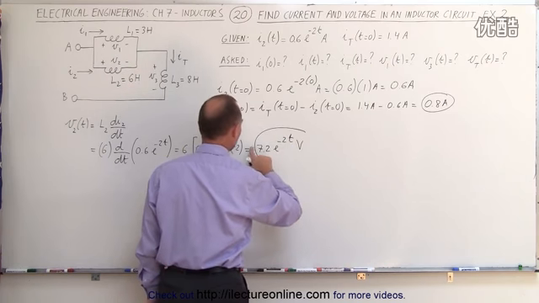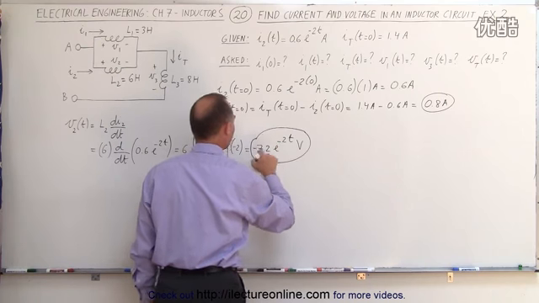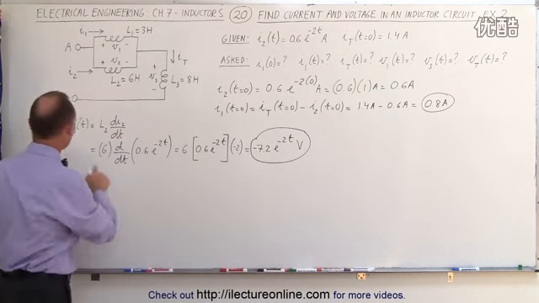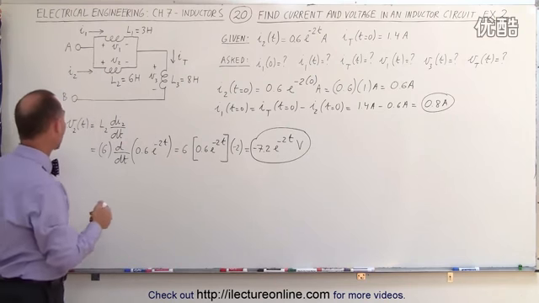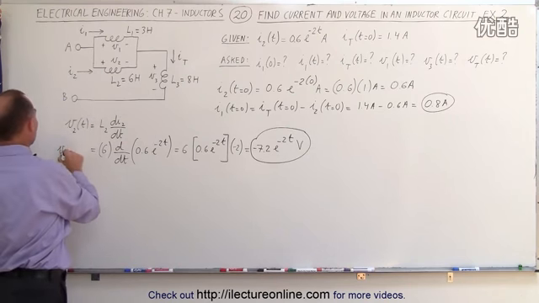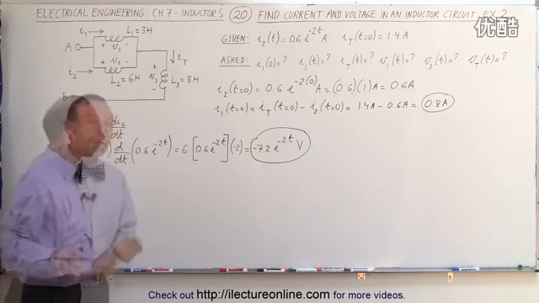That would be the voltage, I forgot my minus sign. Here we go. That would be the voltage across the second inductor. And of course, we know that V1 is equal to V2, so we can write V2, which is equal to V1 as a function of time, is equal to this.